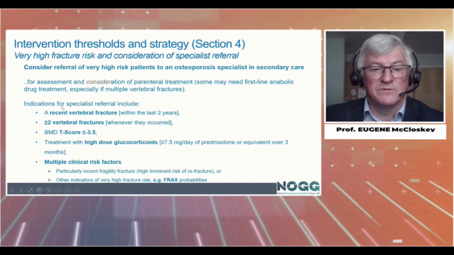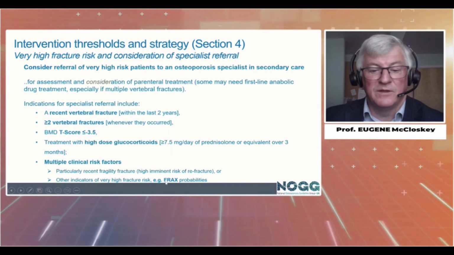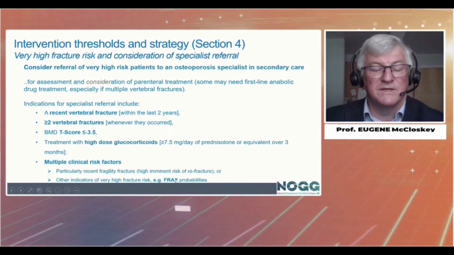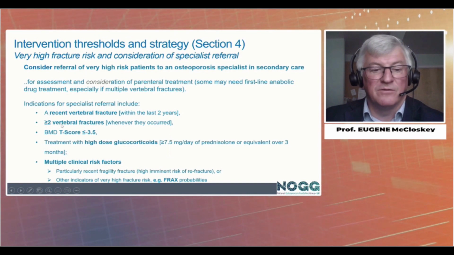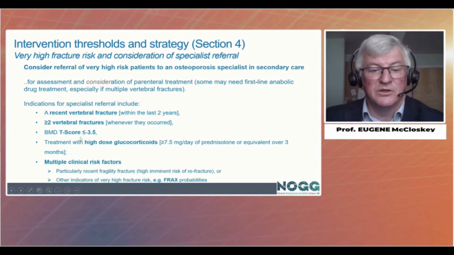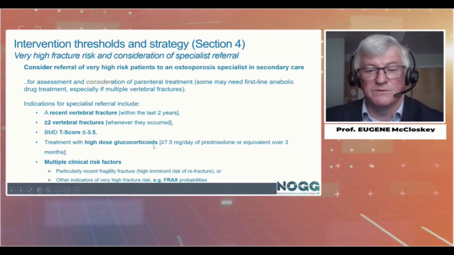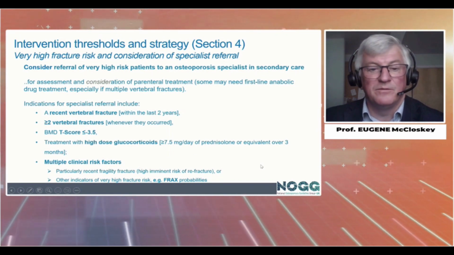Those indications for specialist referral could include, at the bottom of the slide, the FRAX probabilities, or in those who don't use FRAX, there were other categorical thresholds that could be used to indicate the need for specialist referral.